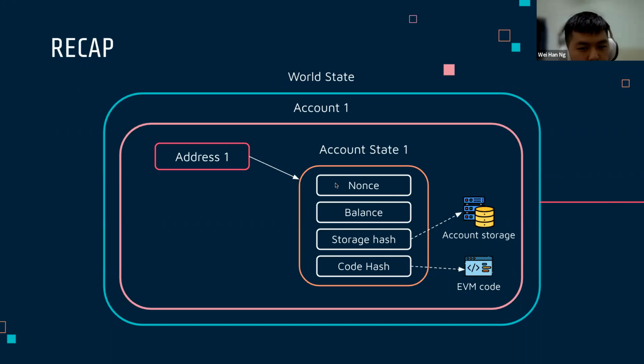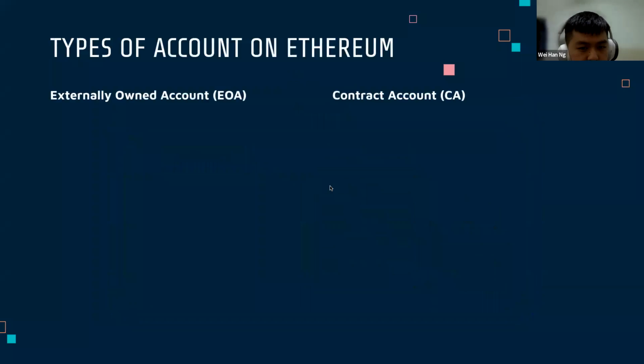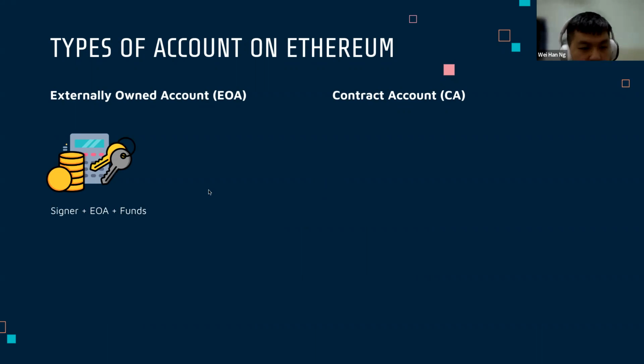Now we're going to talk more about accounts, firstly the types of accounts on Ethereum. There are 2 types of account in Ethereum. The first one is called EOA, externally owned account. What is an EOA? It's very simple. If you have a combination of these 3 things, signer, EOA, and funds, where signer means your private key, you will be able to perform a transaction.